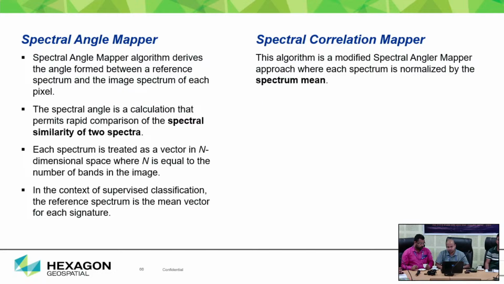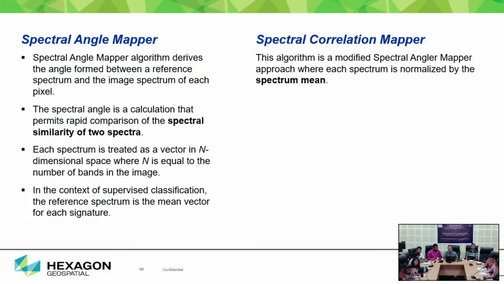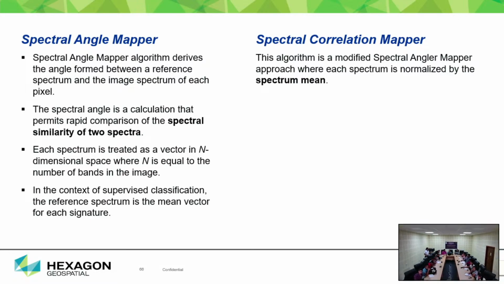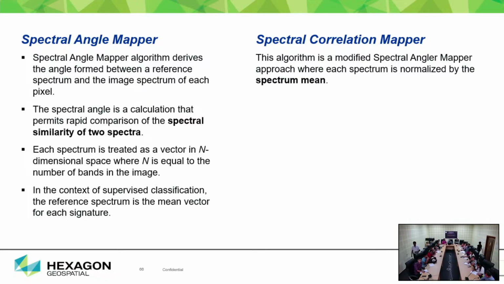I found that spectral angle mapper always gives the highest accuracy compared to the other algorithms we use for classification. And spectral correlation mapper is the same, but unlike the spectral angle mapper approach, each spectrum is normalized by the spectrum mean. Again, there is a pixel mean, and here we use the spectrum mean for the classification.